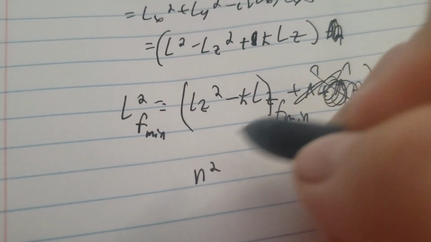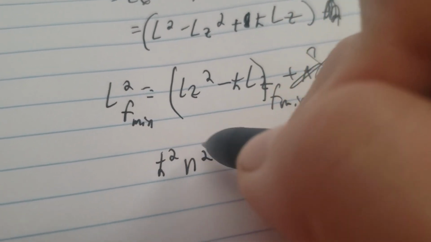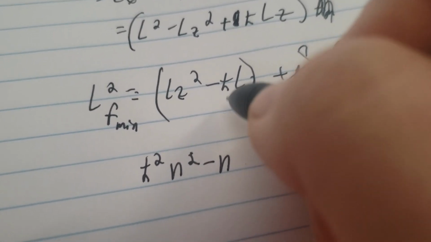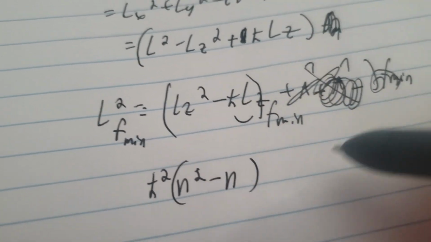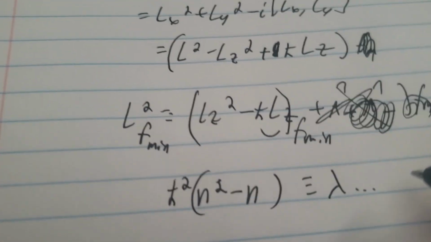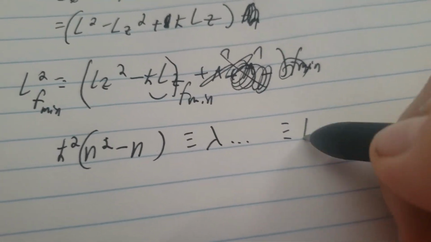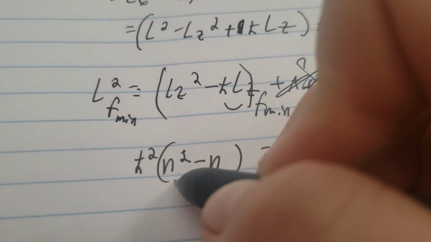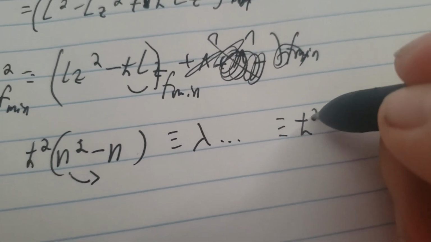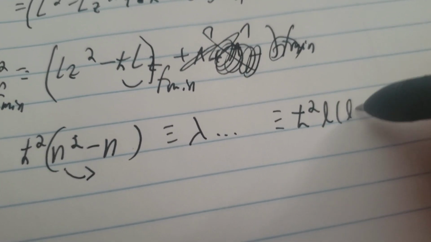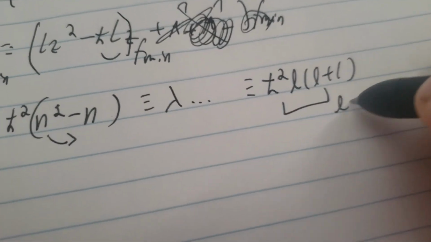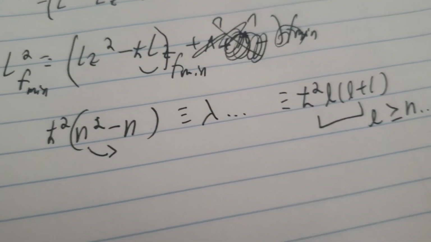And that's just n squared h bar squared minus n equals lambda. So lambda not only determines our lowest possible Lz eigenvalue, but it also determines our highest Lz eigenvalue. And note that l must be greater than n.